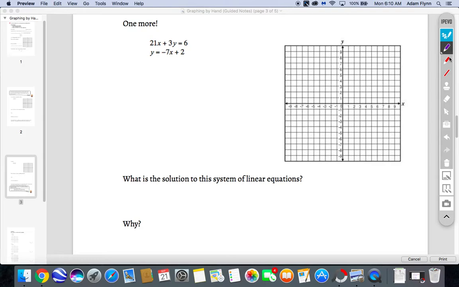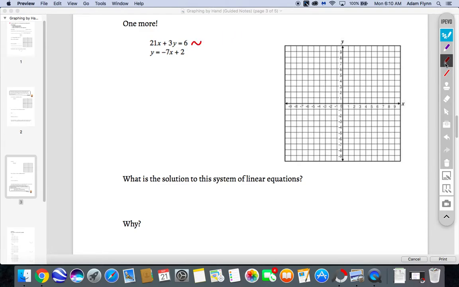So if I take a look at this system of linear equations right here, I've got 21x plus 3y equals 6, and y equals negative 7x plus 2. So I know one of these is in standard form and one of these is in slope-intercept form. So I will only have to change one of them.